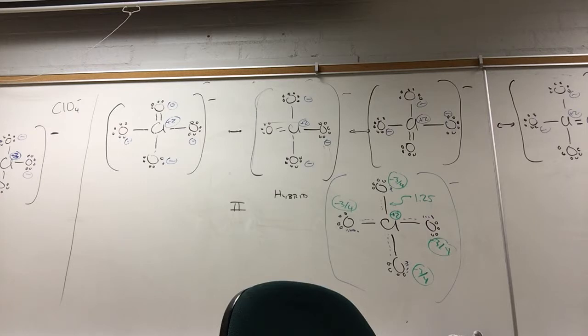So we end up with this structure. I'm not going to draw out everything. Just up like this. Okay, so if we leave the top one fixed, then we can move the double bond to the right. And we end up with this structure. I won't complete it. You complete it.